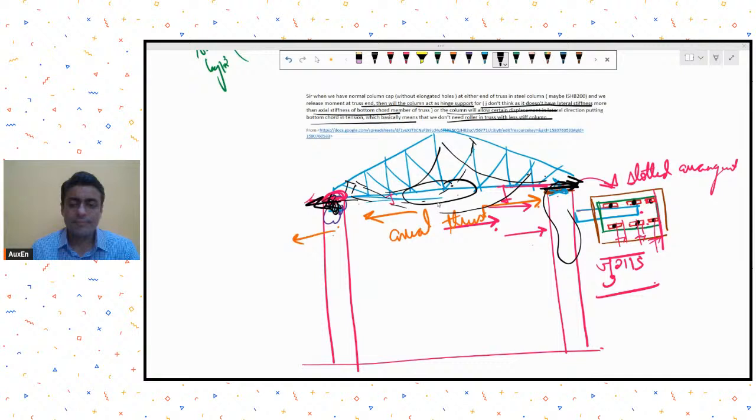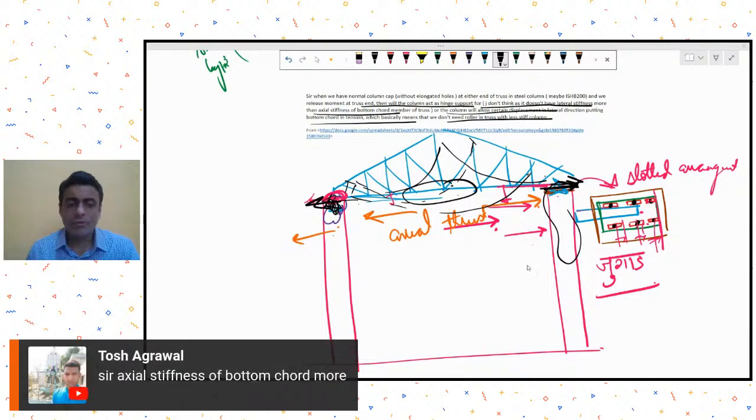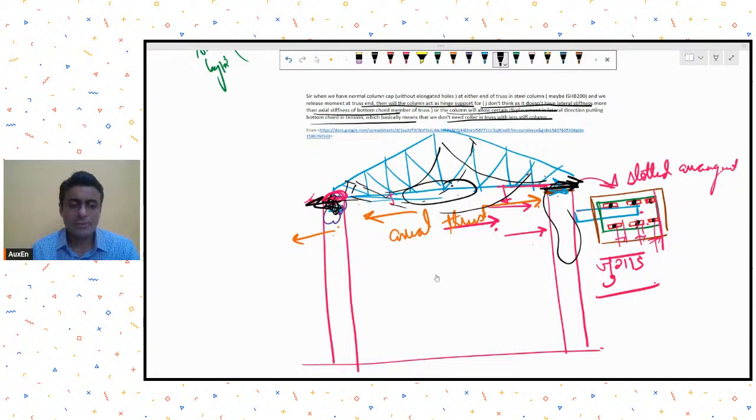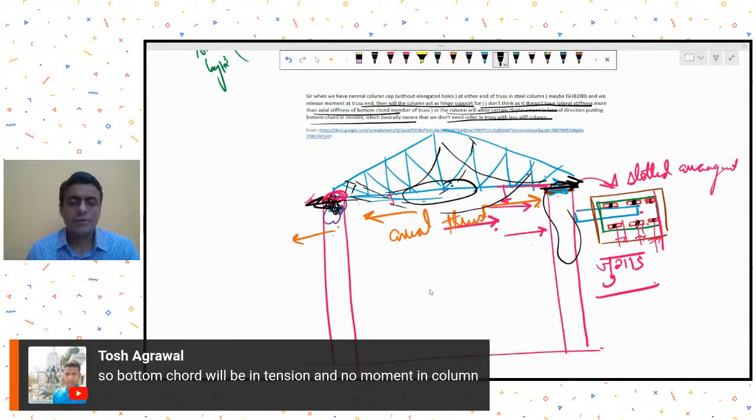Okay, Mr. Toshi is saying axial stiffness of bottom chord is more. Yeah, so yes, bottom chord will be in tension.